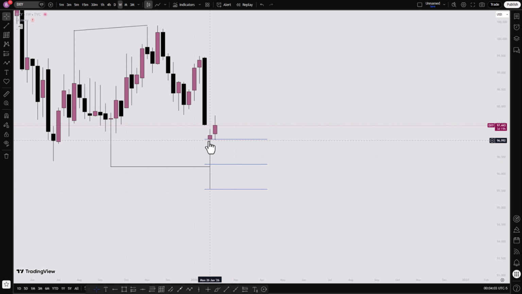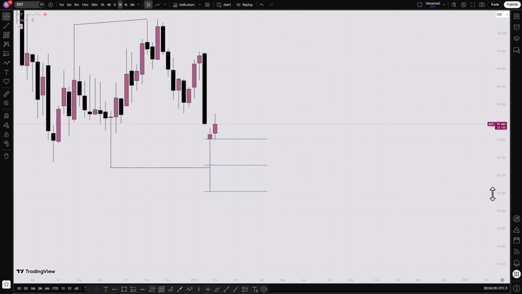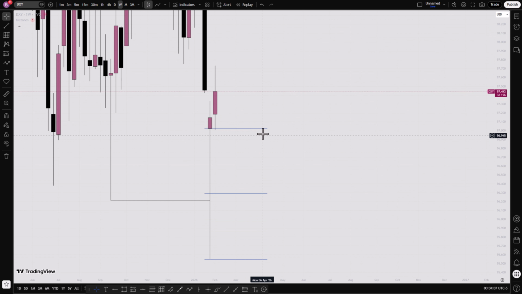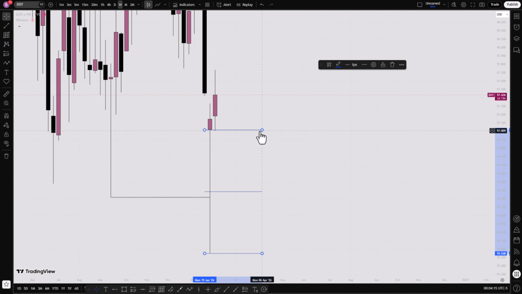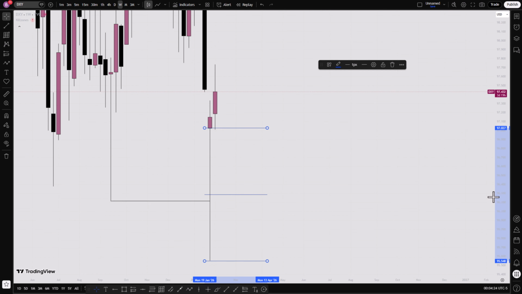You see? So at this level, we want to see price taking off from any level that is here. And it's like we have price going into the level already. So here, if you mark it well, you see price has entered into this level.